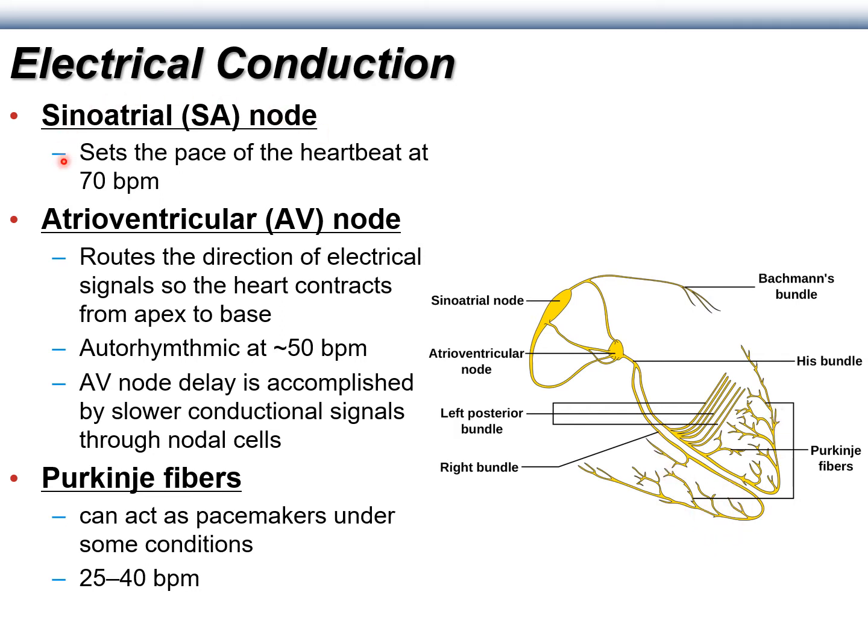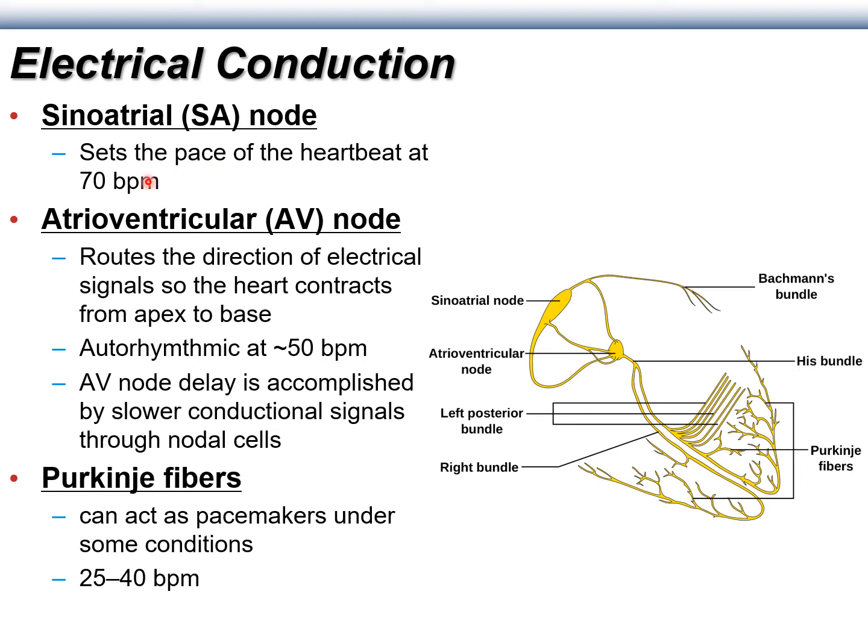The sinoatrial node should be the general pacemaker of the heart. If you have a sinus rhythm, that means that the sinoatrial node is driving the rhythm. Folks that have significant bradycardia, where their heart rate drops, let's say the SA node stops working correctly and the heart rate starts dropping below 50, they could run the risk of an arrhythmia, because that AV node, if left unstimulated, will be autorhythmic at 50.